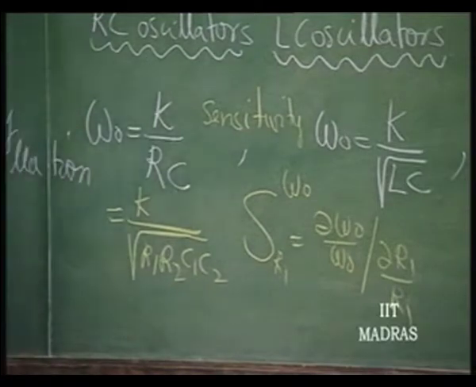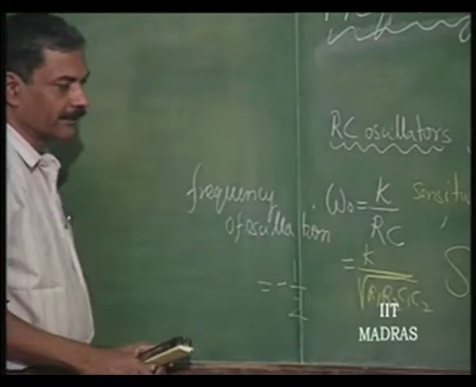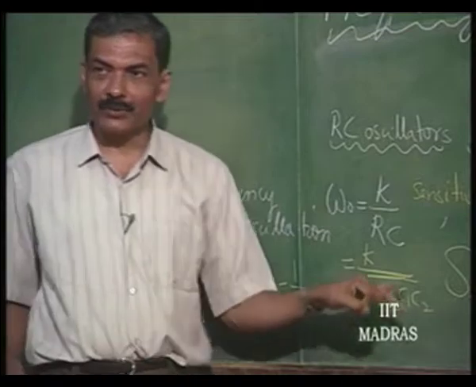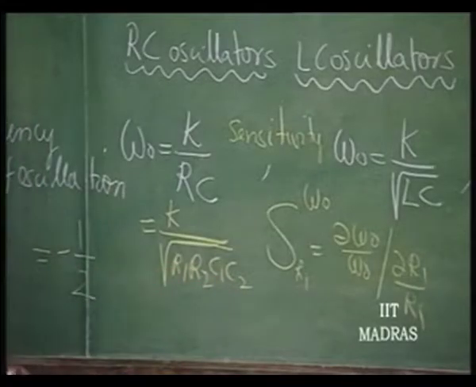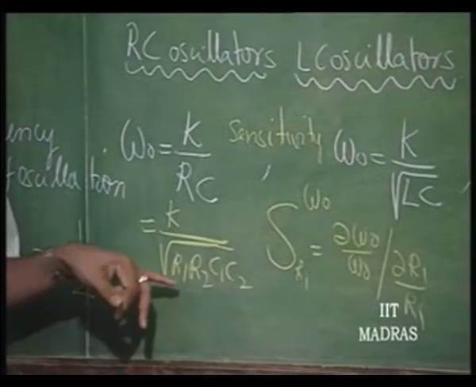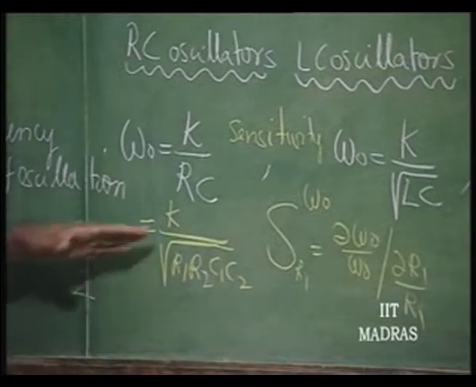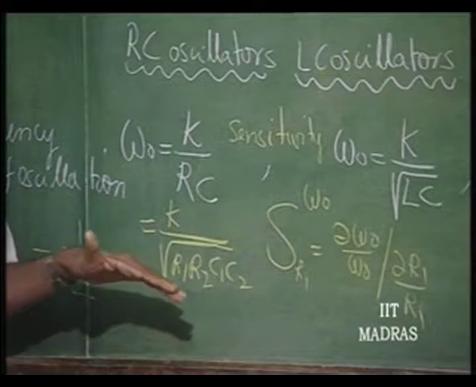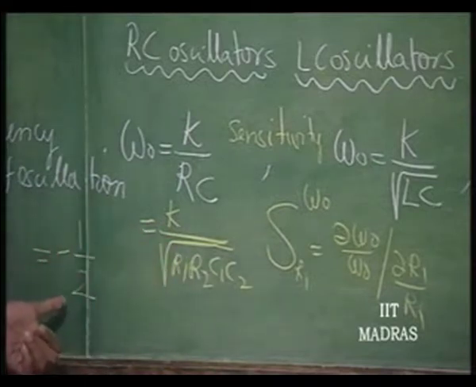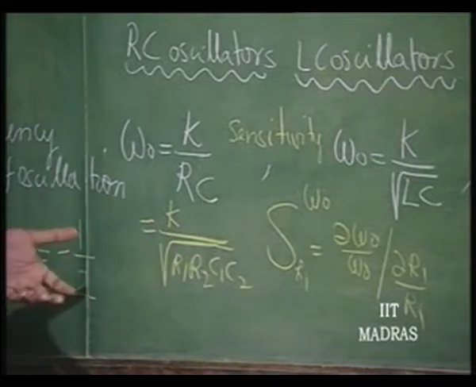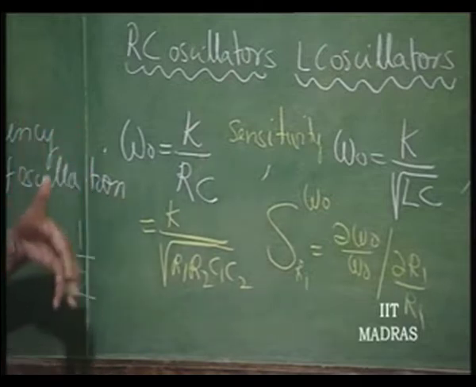Now this one, if you determine it, will be equal to minus half for all these components. That is because there is a root coming. The sensitivity is going to be negative because it is coming in the denominator. Whenever anything comes in the denominator, we have a negative sign: when that component increases, the other parameter decreases.